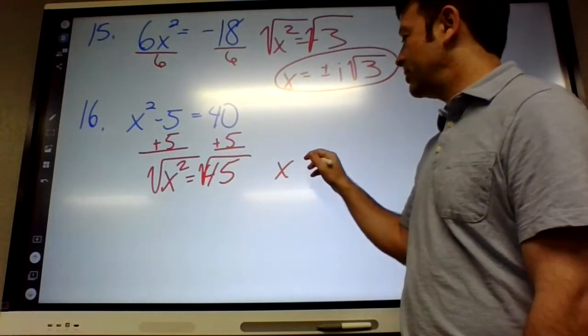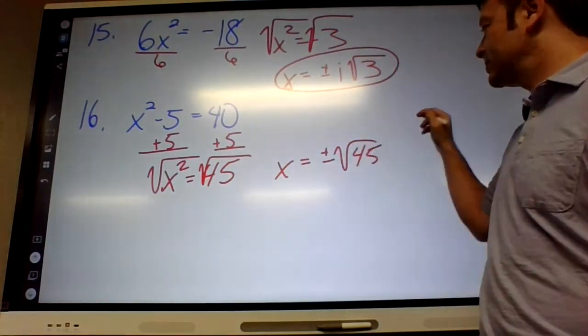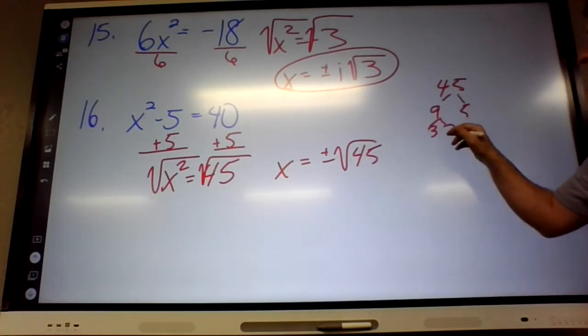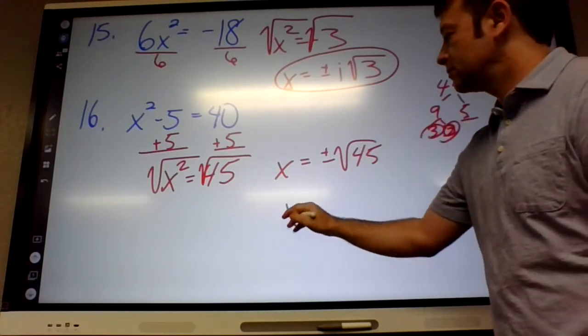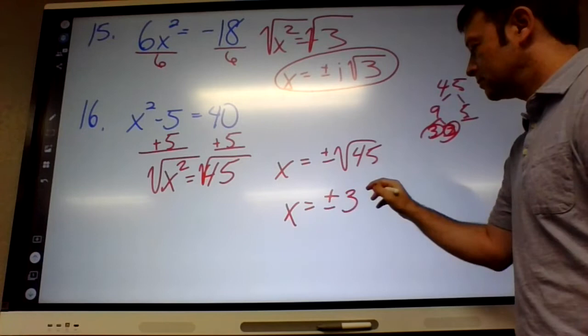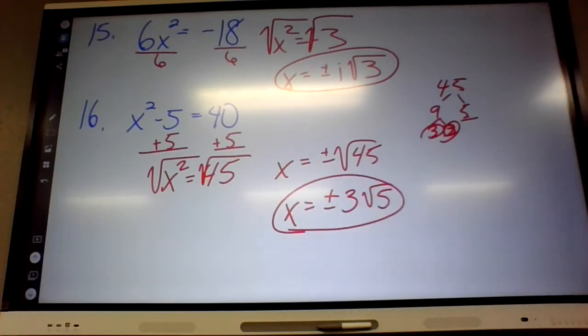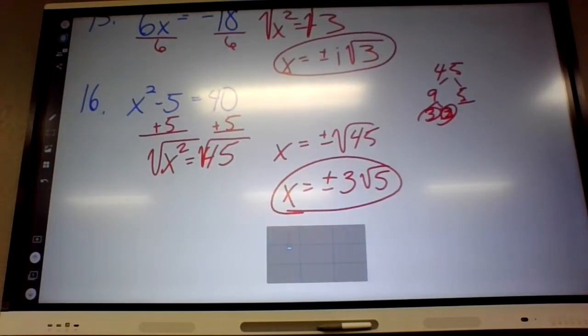Okay, square root of 45 simplifies. 45 is 9 times 5. So it's 3 square root of 5. All right, are we going to remember to put plus or minus tomorrow?